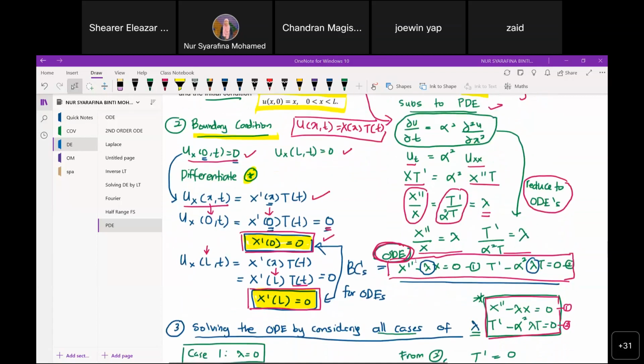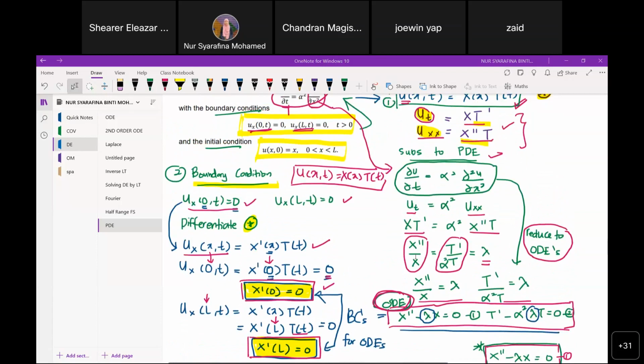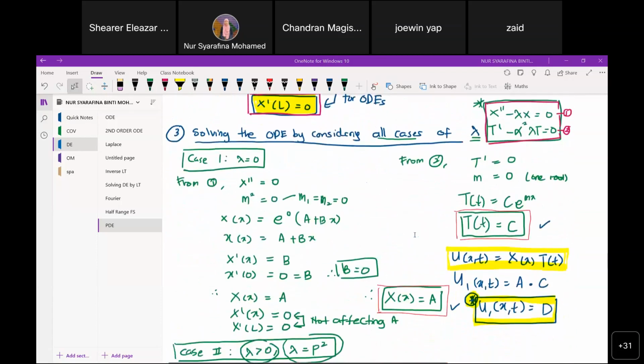Remember, we have obtained our ODE. This is our ODE, and in this ODE it involves lambda, where this lambda is unknown. So our next step is to solve the ODE by considering all cases of lambda.